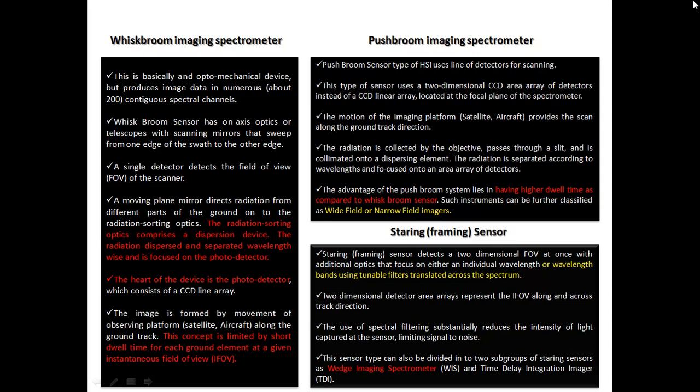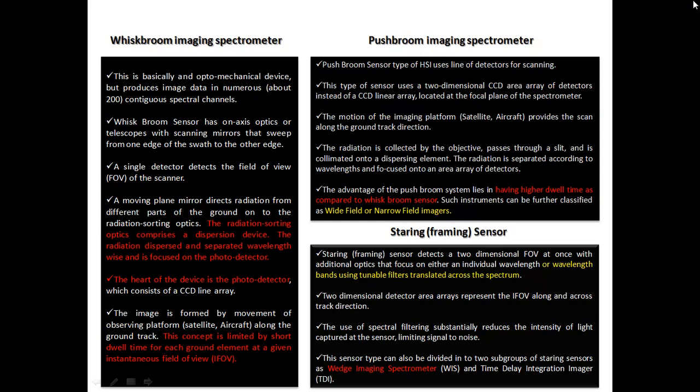What is a tunable filter? A tunable filter means the filter can be tuned, or made compatible to each and every type of wavelength. So it is called the tunable filter. The tunable filter here is the additional optics which can focus on an individual wavelength band.